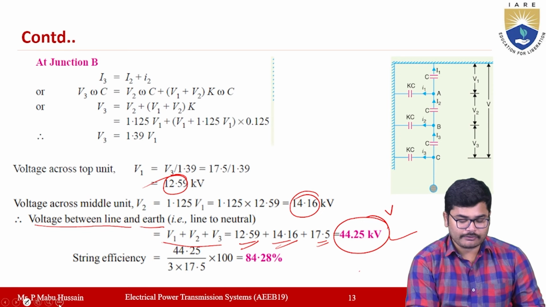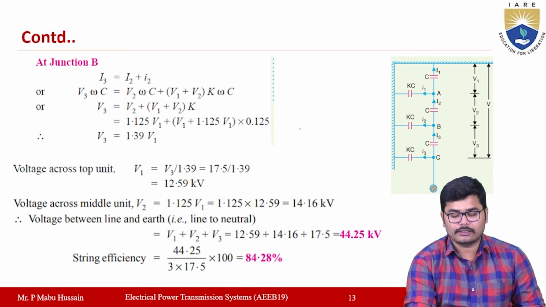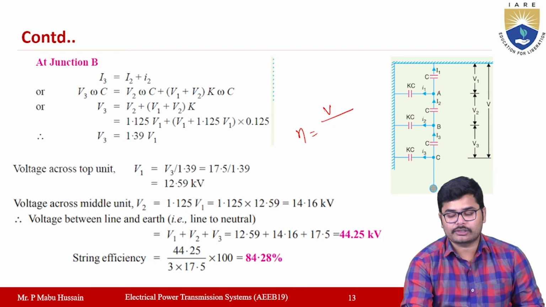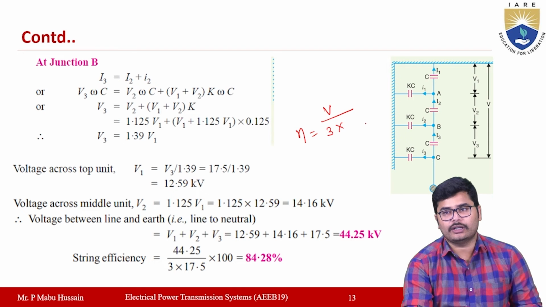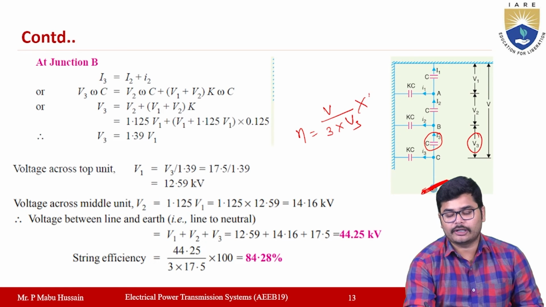Now the string efficiency you can easily find out. String efficiency is equal to the voltage across the total string V, divided by the total number of insulators, here 3, multiplied by the voltage across the disk nearest to the conductor, which is V3 here, multiplied by 100 to get the percentage.